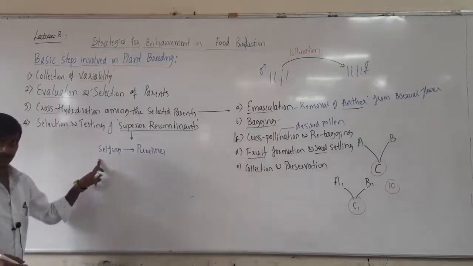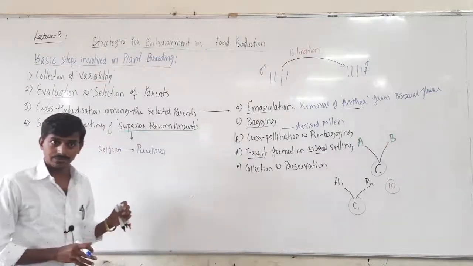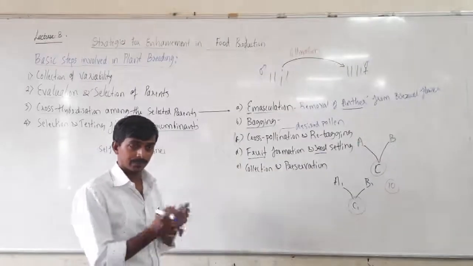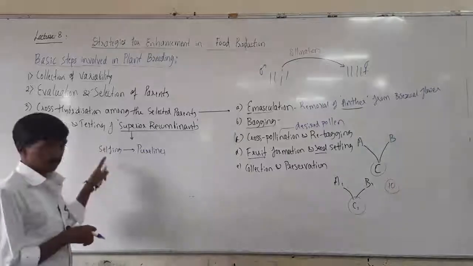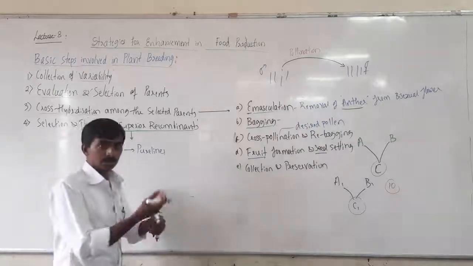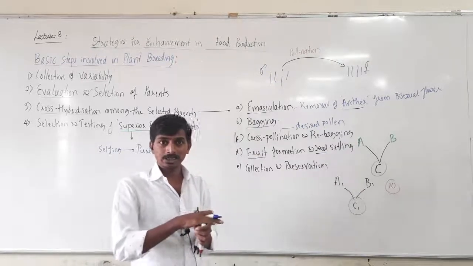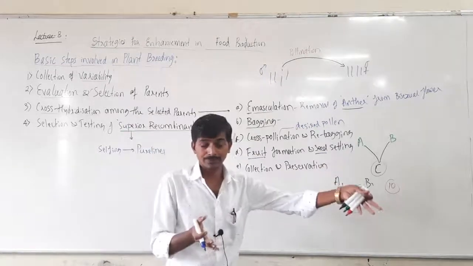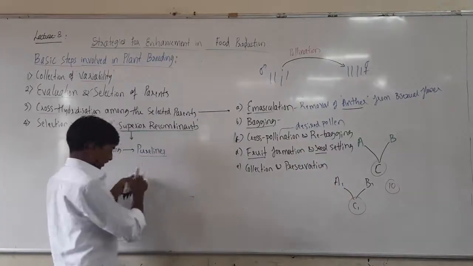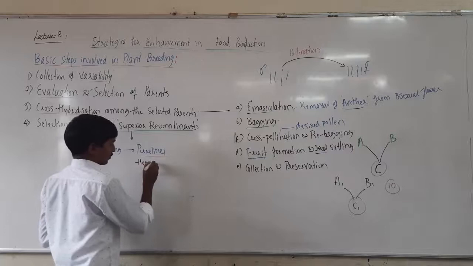Selfing means if the plant is bisexual, then don't touch the plant, leave it. It will produce the flower. The flower has androecium, gynoecium, anther, stigma. Then in the flower itself, the pollination takes place, so a new plant will be formed. Again, in the next generation, don't touch the plant. Plant grows, flower is formed, pollination occurs. If you do the same for 4 to 5 generations, then the progeny will be known as a pure line, since it has a high level of homogeneous characters.